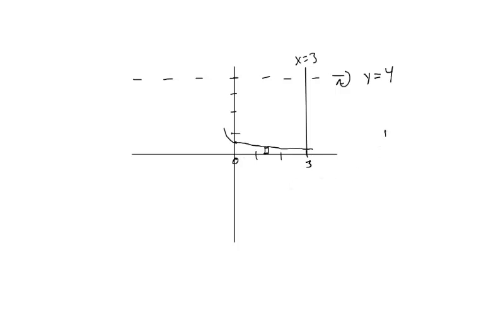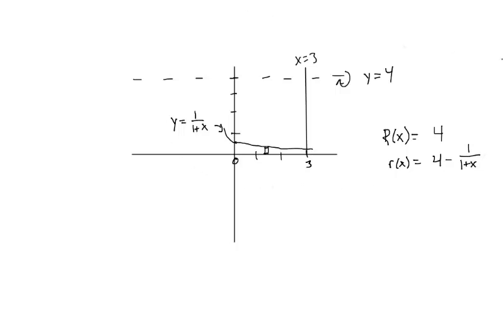Now our outer radius is equal to 4 minus 0, so it's 4, and our inner radius is equal to 4 minus our function, which is y is equal to 1 over 1 plus x, which is that function. So we have 1 over 1 plus x.